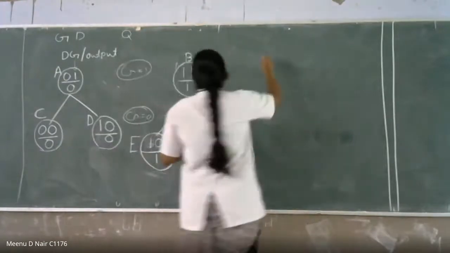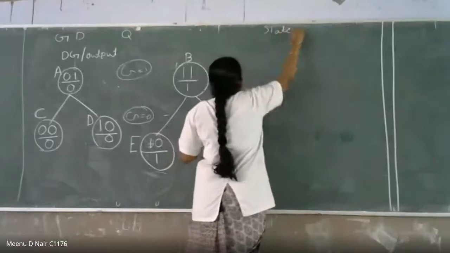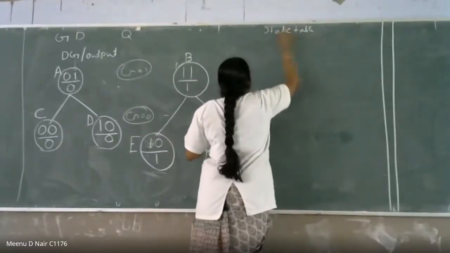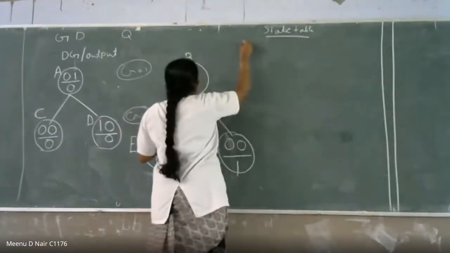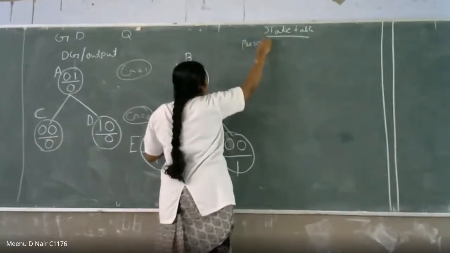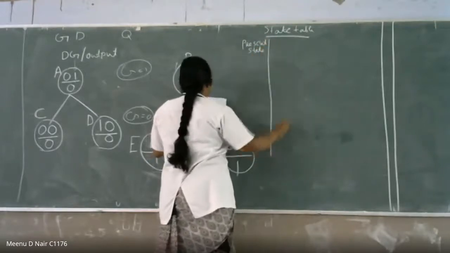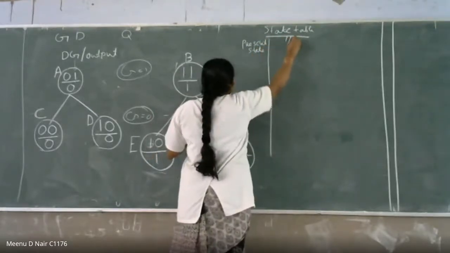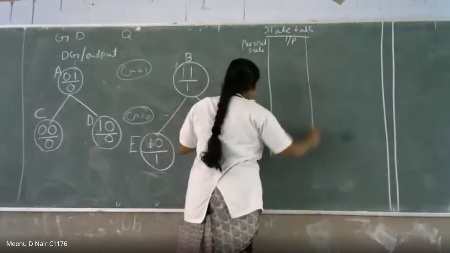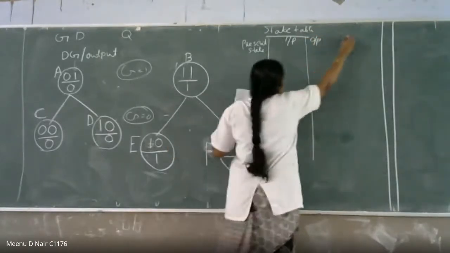I think I'll write it here. So next what we are going to write is the state table. Here you have present state, then input, then output, then comment.